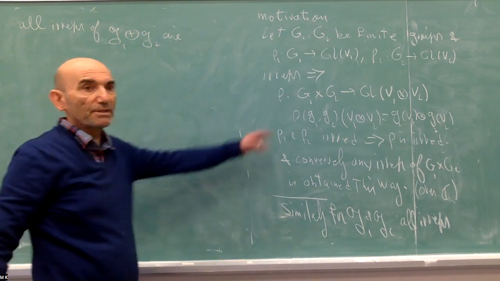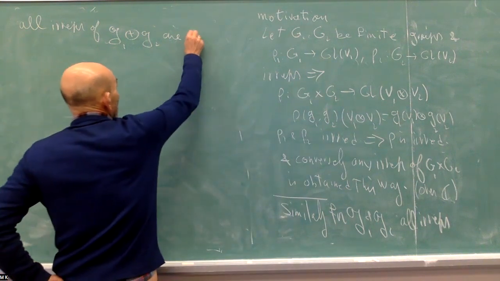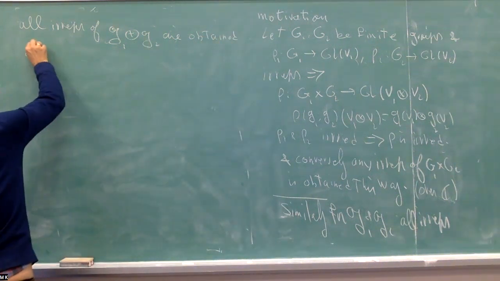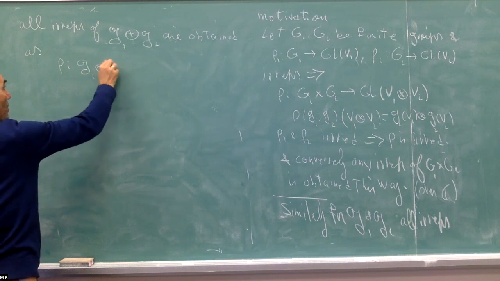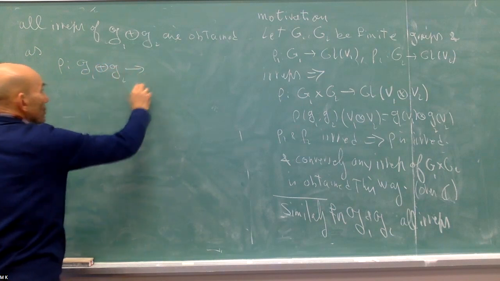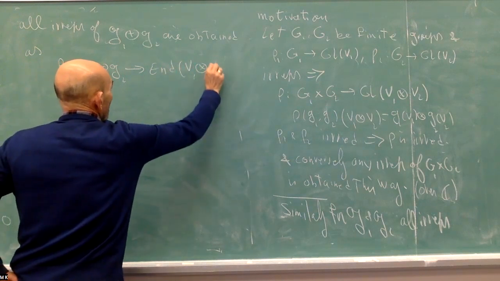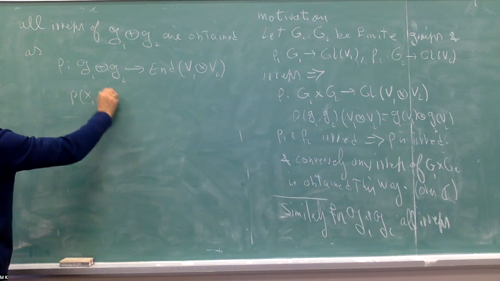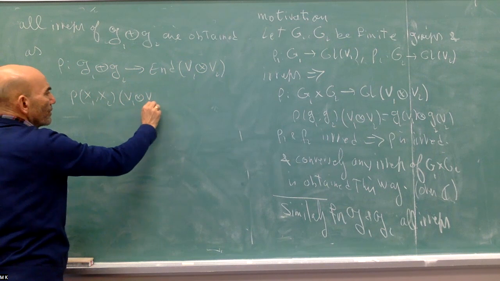This is like an analog of the Cartesian product, in this case for the algebra, and the irreps are obtained as follows. We have a morphism from G1 direct sum G2 to End of V1 tensor V2, where here we have rho of (x1, x2) acting on this vector, V1 tensor V2, a typical vector.